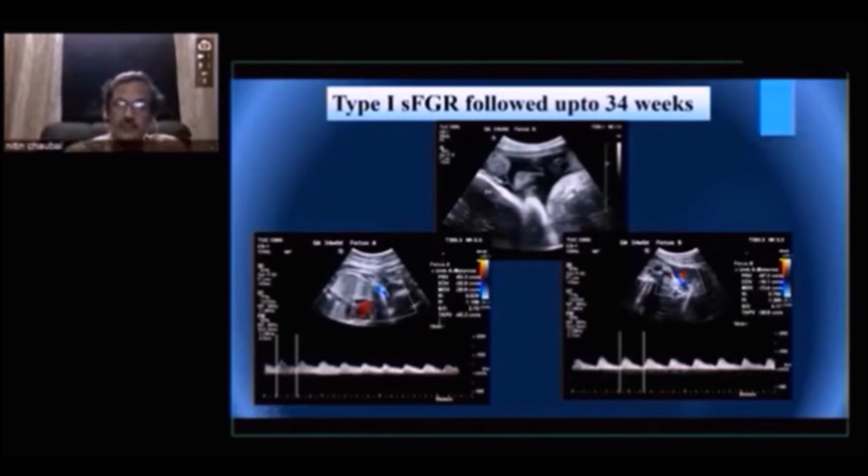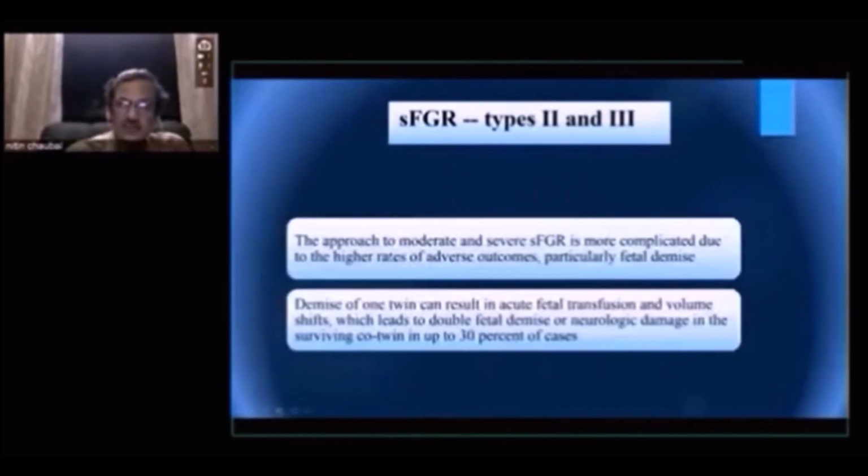In type 2 sFGR, the approach, especially to the moderate and severe sFGR, is more complicated because of the higher rates of adverse outcome, particularly fetal demise. And we have to remember, as I said earlier, that demise of one twin can result in acute fetal transfusion volume shifts, which leads to double fetal demise or neurological damage in the surviving twin in as much as 25 to 30%.